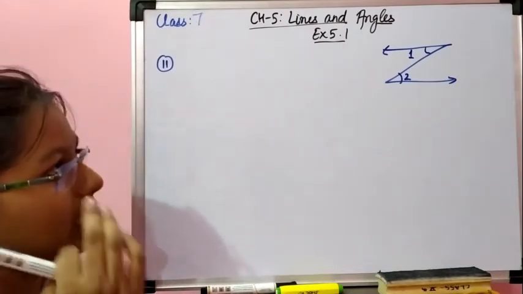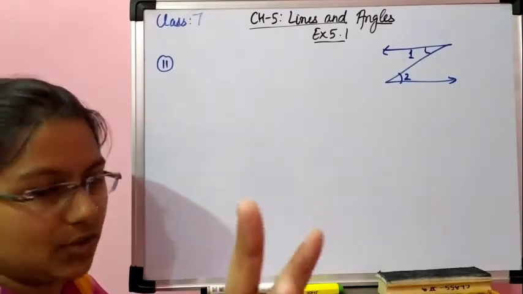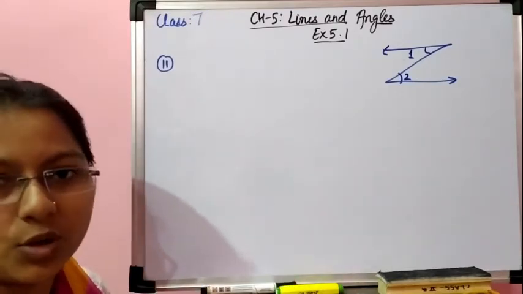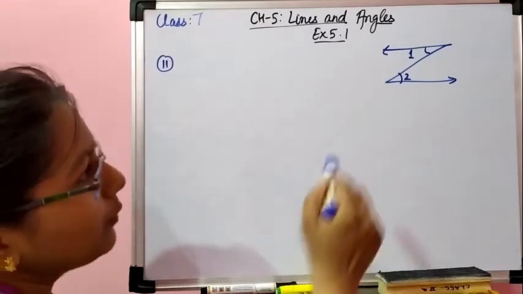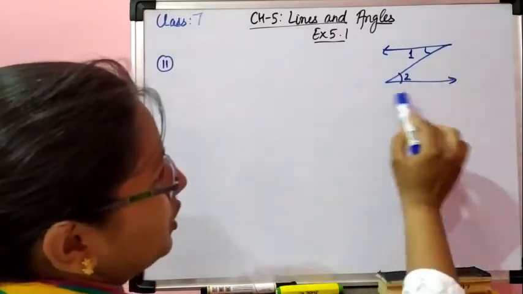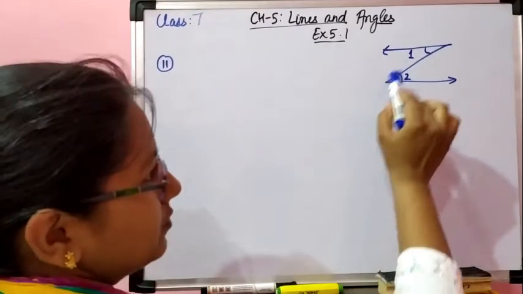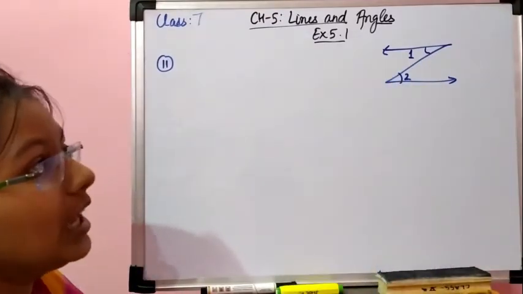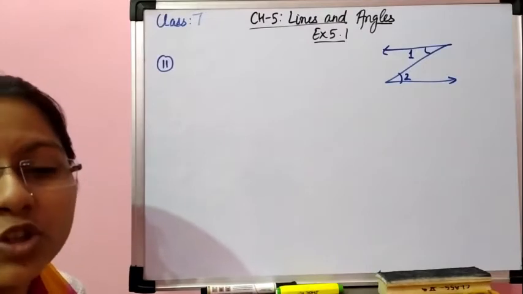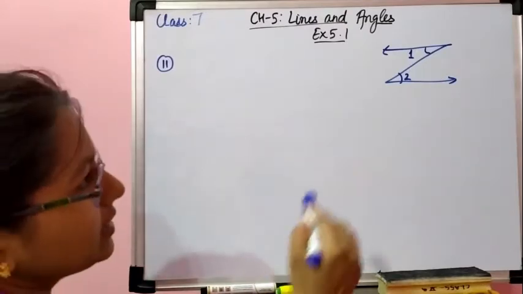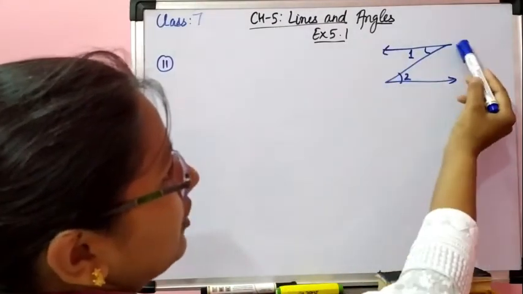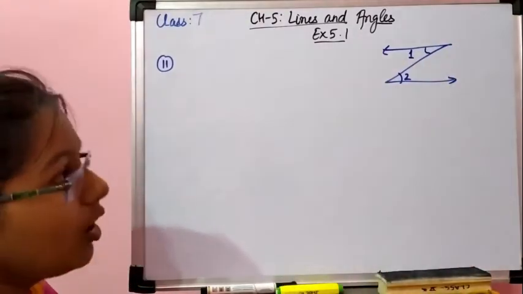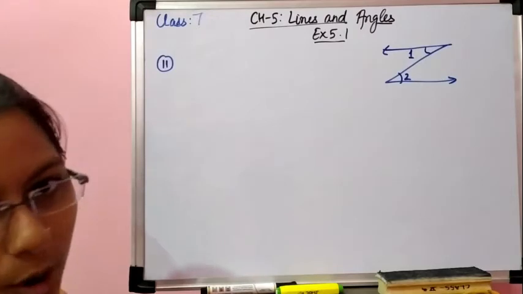In adjacent angles, we were having three conditions. Number one, both the angles should have a common arm. Now angle 1 and angle 2, they have a common arm. This condition is satisfied. Second condition was that both the angles should have a common vertex. Now this angle is having vertex here, but this angle is having vertex here. So it doesn't have a common vertex.